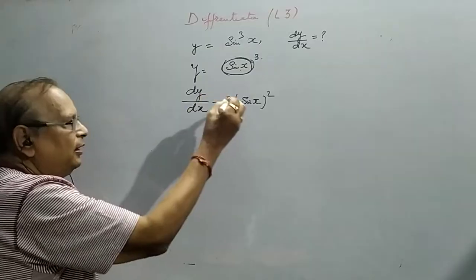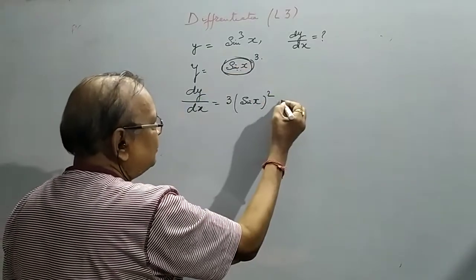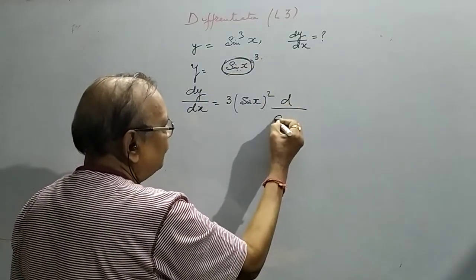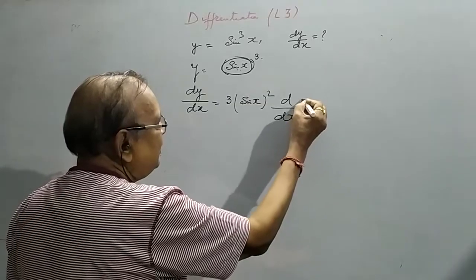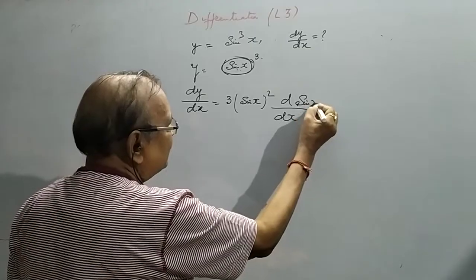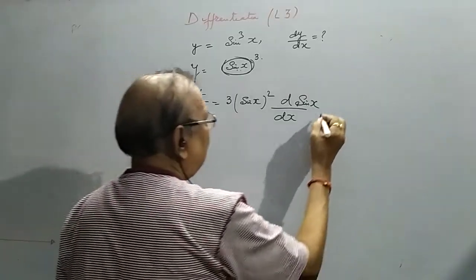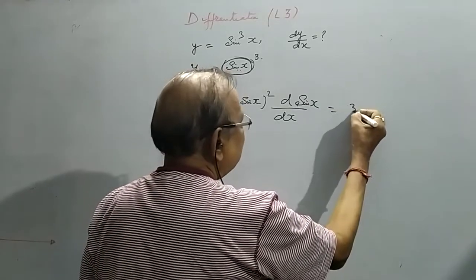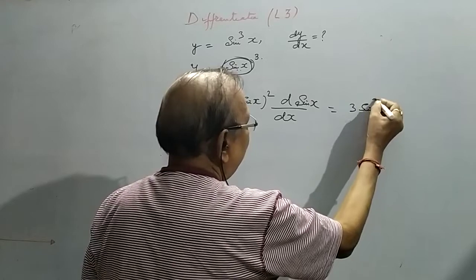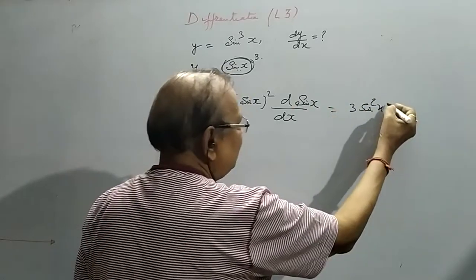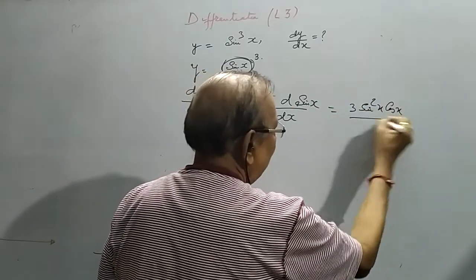Now the differentiation of this with respect to x, that is d by dx of sin x. So that is 3 sin square x d by dx of sin x. That's all.